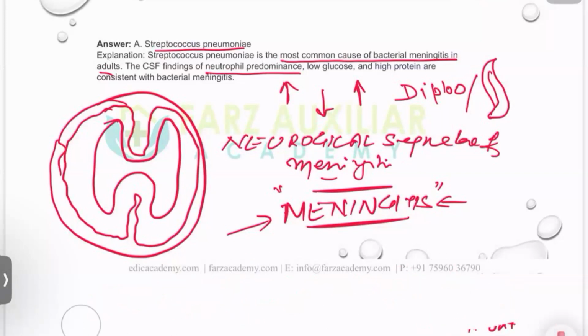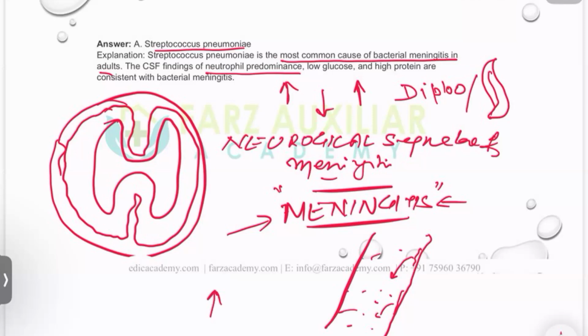Have you ever visited a medical college hostel where the paint is dropping because of rainfall? So this is the meninx and the paint drops down because of the infection into the CSF. That is why the proteins increase in the CSF.